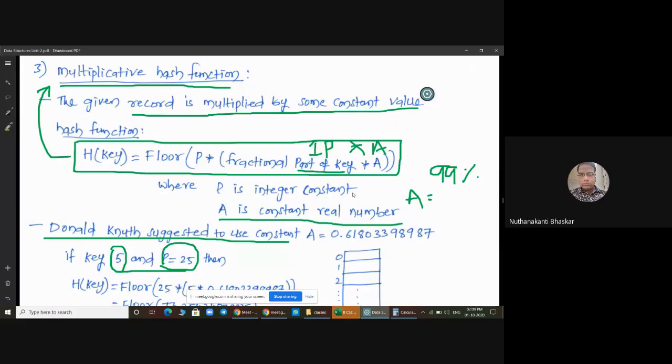You don't know the real number? My voice is audible? My question is, what is a real number? Which contains both rational and irrational numbers. Yes. Very good. Nice.